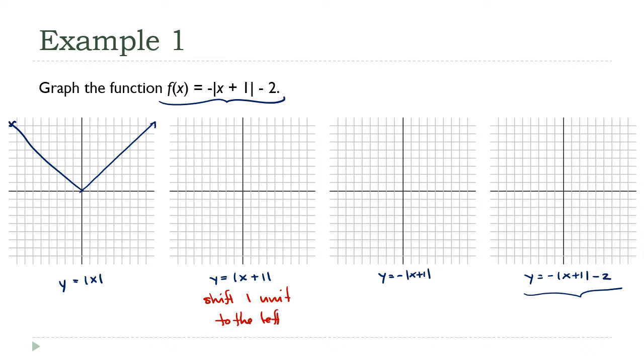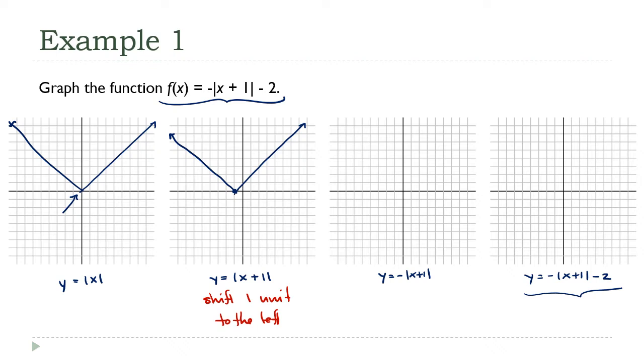So what's that look like? Well, when I do these, I like to focus on a specific point, like that vertex, and see where that vertex ends up. Then I can sketch the rest of the graph around it. So that vertex moves from 0, 0 to negative 1, 0. And the rest of the graph still has this same V shape.